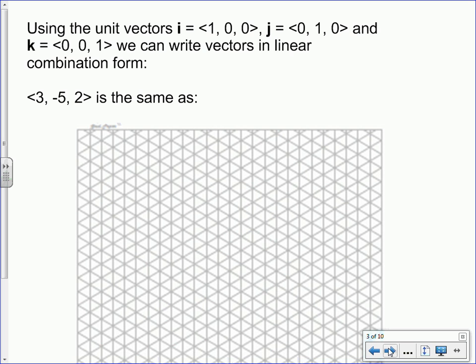the second form we write vectors in is the linear combination of these unit vectors. Okay. So instead of writing the vector 3, comma, negative 5, comma, 2, we could write it as 3i minus 5j plus 2k.